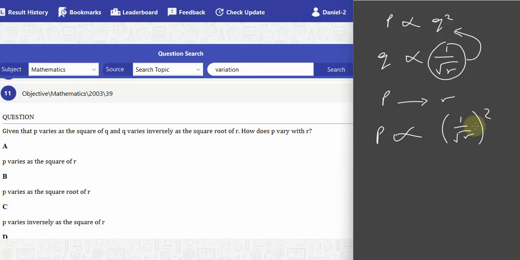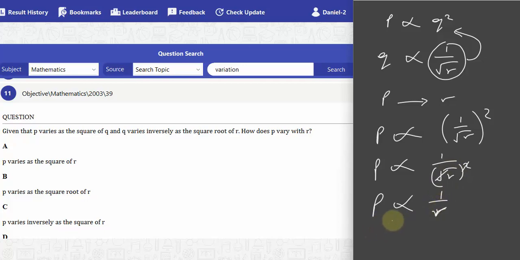So p varies as whatever q varies as. So it means p varies as this. If you square this, you have 1 over the square of the square root, and if you do that, that will give you 1 over r. The square cancels out the square root, and you are left with r.